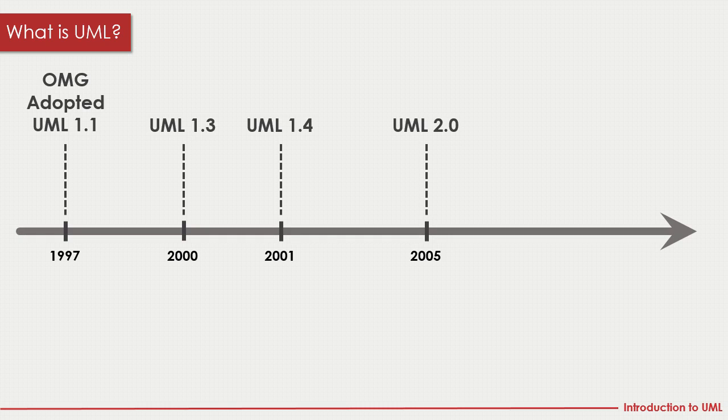UML 2.0 was released, adding a lot of diagrams to UML to cater for better design. You can express things more richly in the diagrams. In the same year, ISO also certified UML 1.4.2 as an ISO standard.